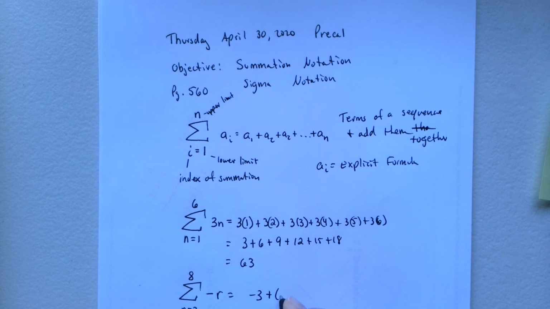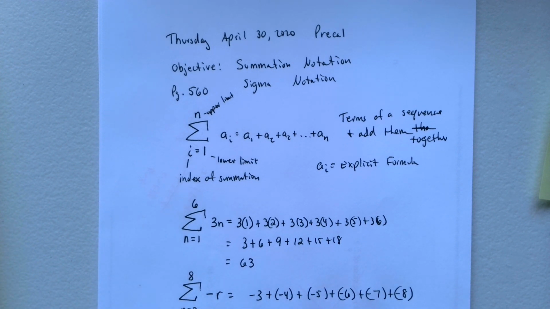And my next would be negative 4, and then negative 5, -6, -7, -8. So I stop at this term, and when I add all those together, I have -33. So just start with this term, plug in, find each term until you get to the upper limit, and then you will add those together.